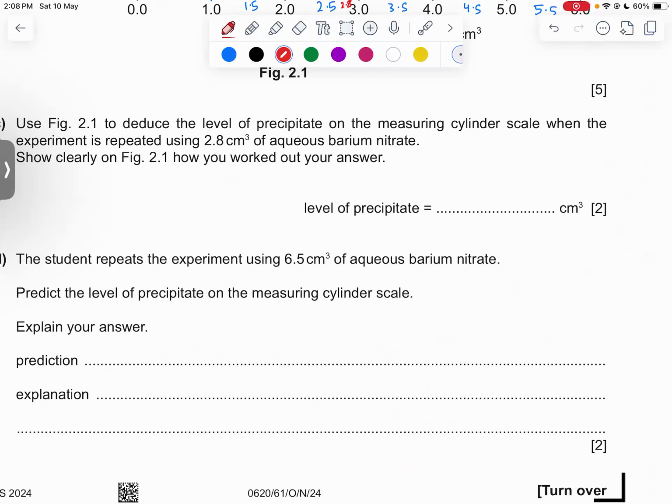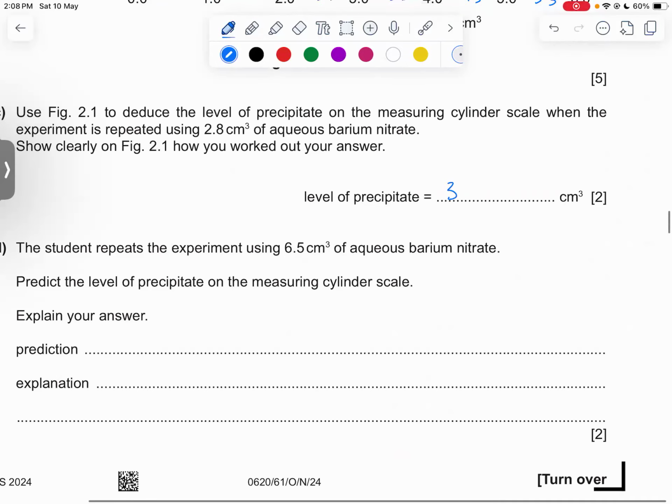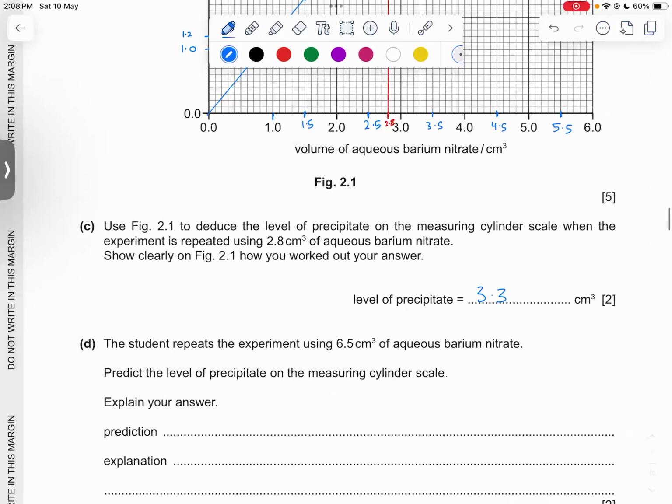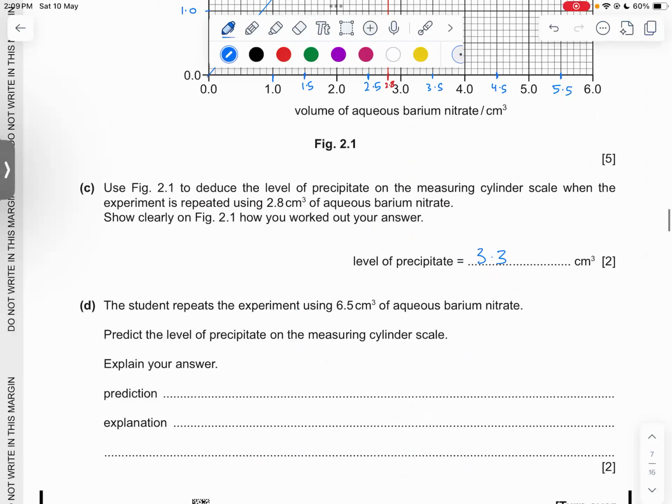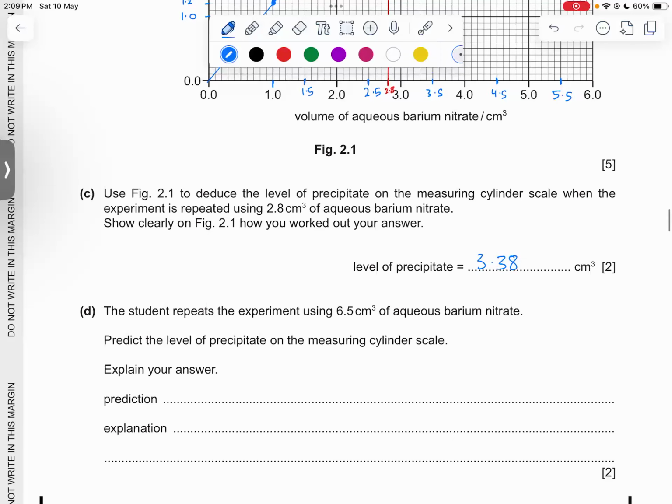You can call it 3.4 as well. 3.38 centimeter cube, because it is not exactly on 3.4, it is between 3.3 and 3.4. That is why writing 3.38 would be good.